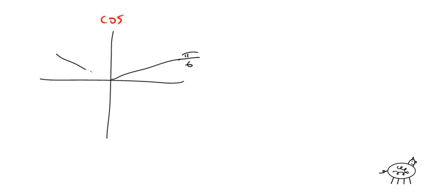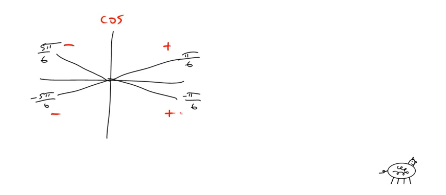Pi over 6, 5 pi over 6, negative 5 pi over 6, and negative pi over 6. Okay? And let's talk about where cosine is positive and negative. Well, it's positive here, it's negative here, it's negative here, and it's positive here, right? All Students Take Calculus. So positive in the first and the fourth quadrant.